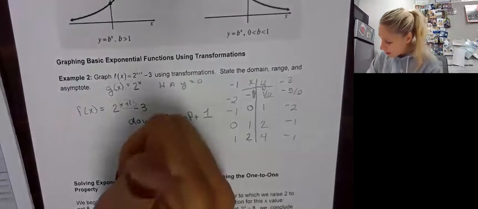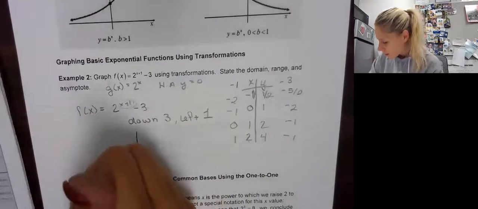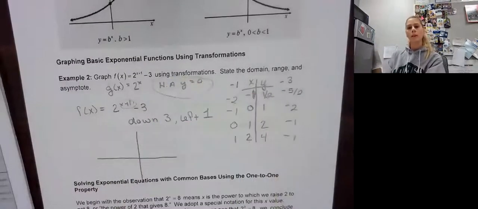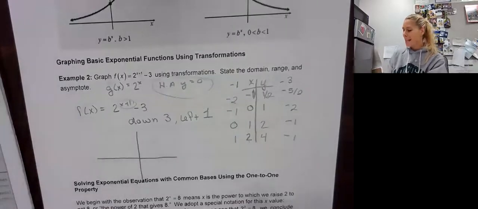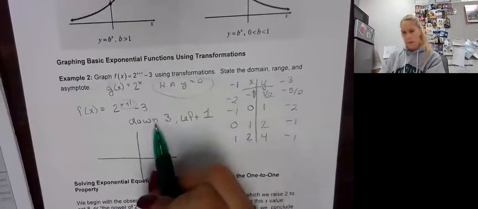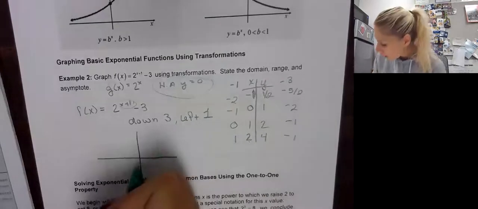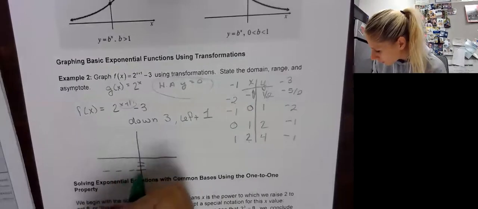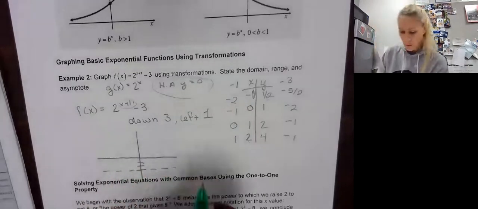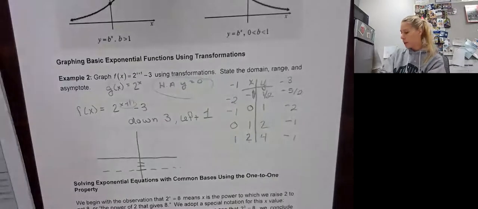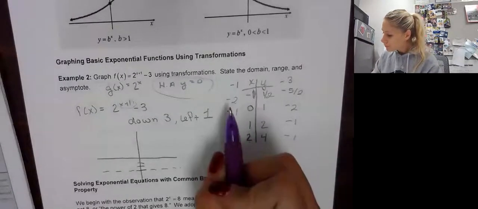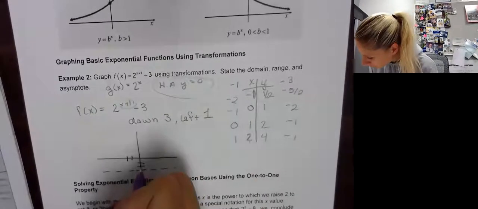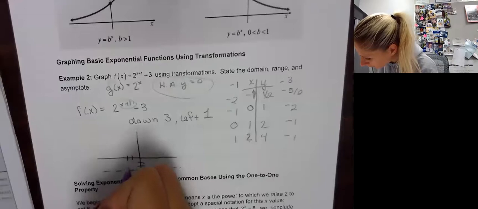Okay. Now if I were to graph this, the one thing I do love is that the horizontal asymptote started at y equals 0. So what that means is that if I go up or down, that's where my horizontal asymptote is going. So I'm going down 3. That's the first thing I would move. And now we can actually deal with our points here. So at negative 2, I'm at negative 2.5.